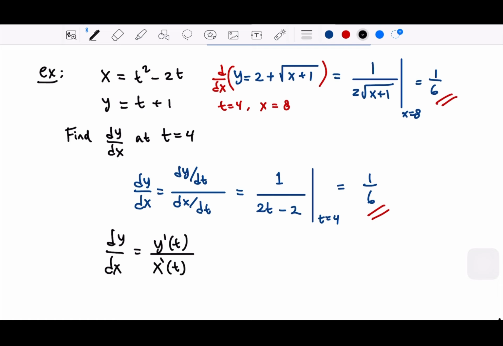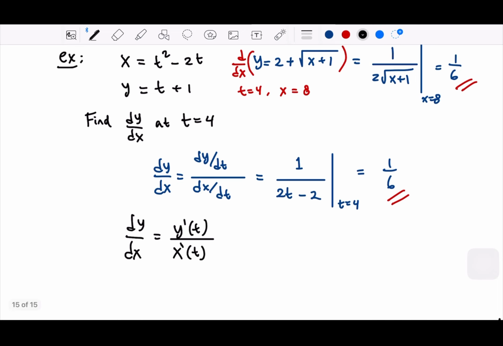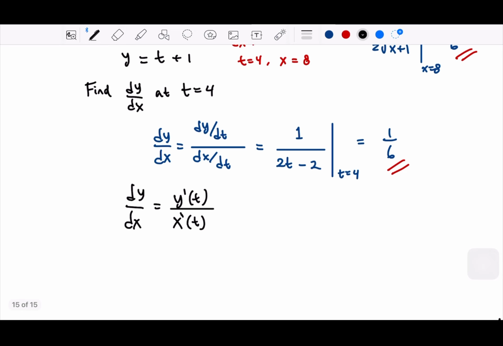Okay. So let me just go through, and take the second derivative. Find the second derivative with the same question, but now it's asking for the second derivative, d squared y over dx squared.